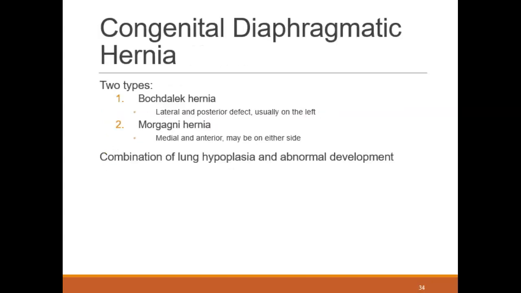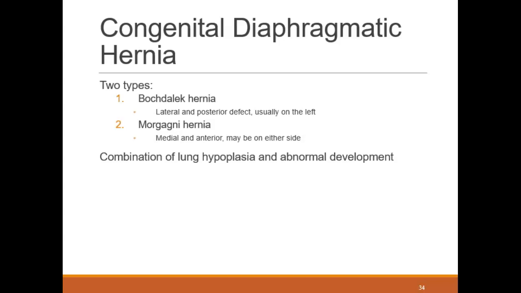Okay, so another disorder that we've talked about a bunch in the past is congenital diaphragmatic hernias. There are two types that your book breaks down. It's not as important that you remember this, but you have your Bochdalek hernia or your Morgagni hernia. I'm probably not saying either of those right.